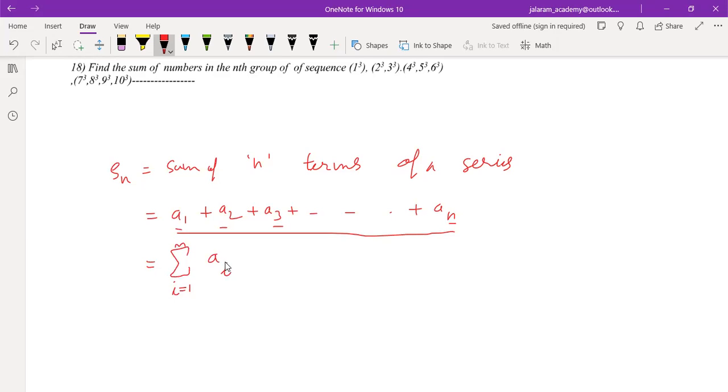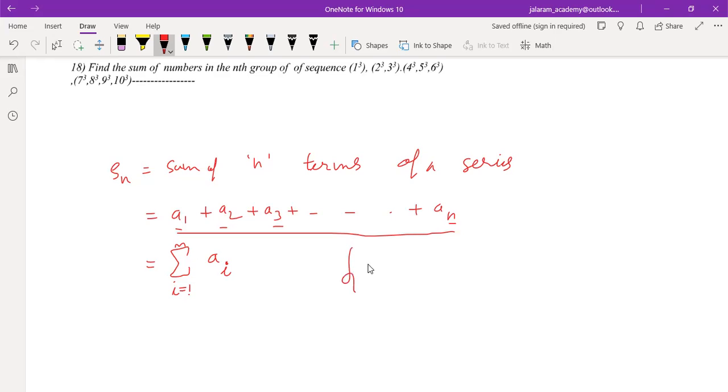Means in place of i, we can substitute 1 to n, all the natural numbers one by one. Means 1, 2, 3, 4, 5 and so on up to n, all natural numbers and their sum. This summation represents sigma i equals 1 to n.